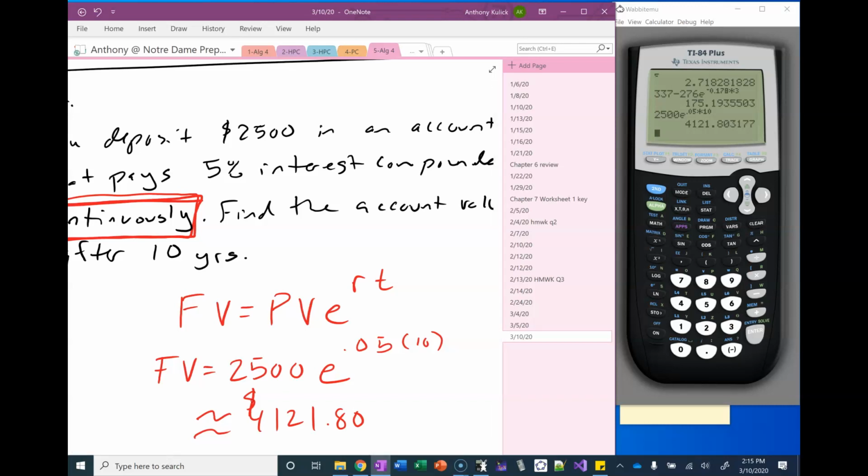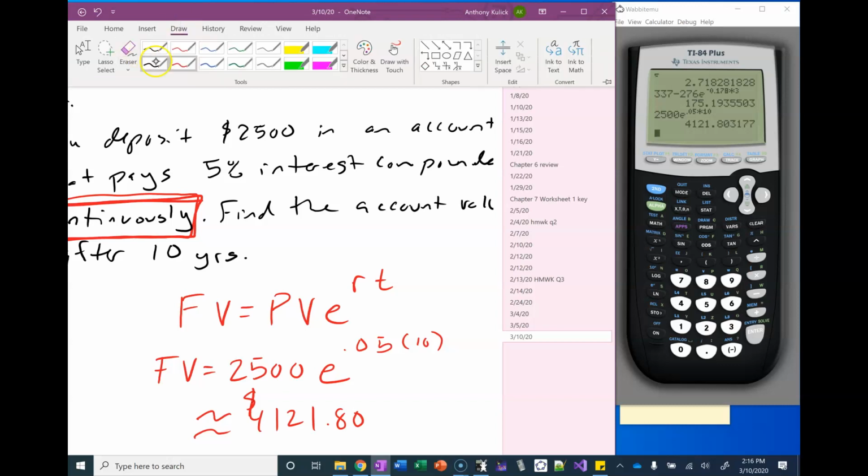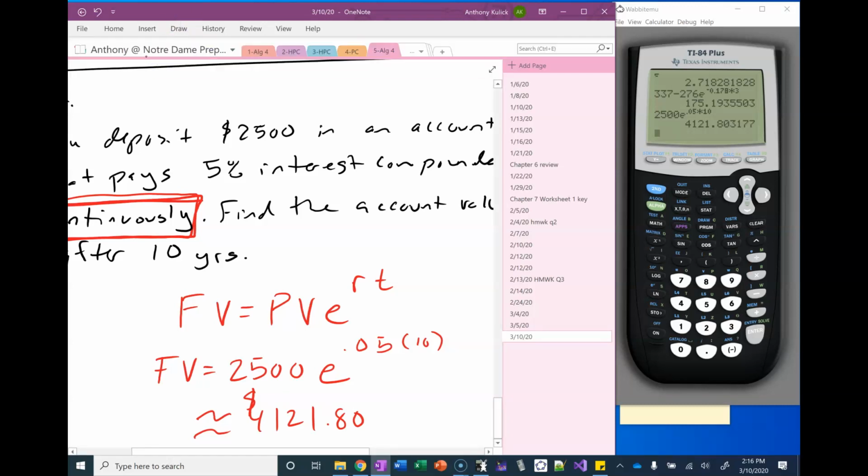So not much changed, right? The only thing that really changed in doing those problems was what model to use. But it's easy to see which one I would want because all I'm doing is looking for the word continuously. Okay? Good.